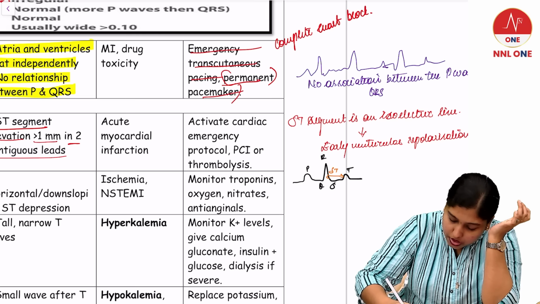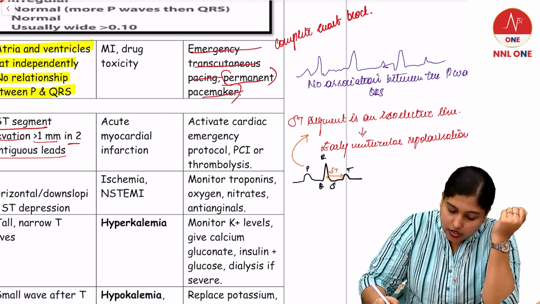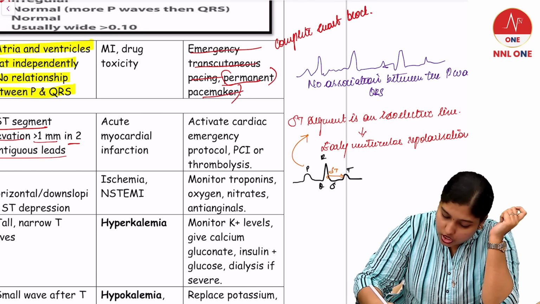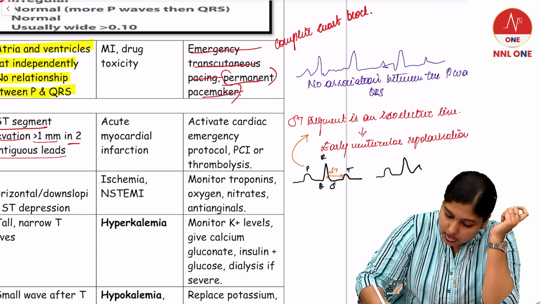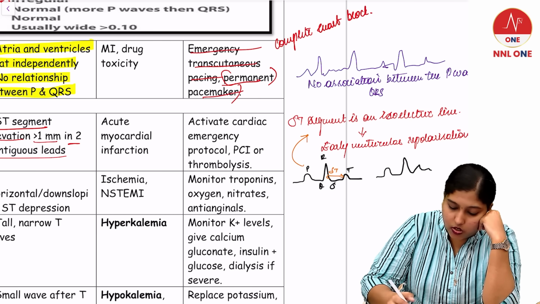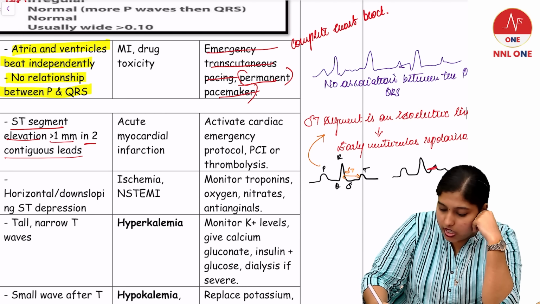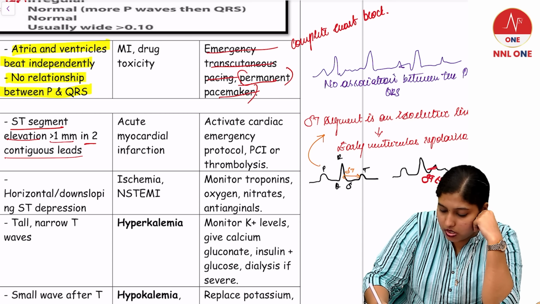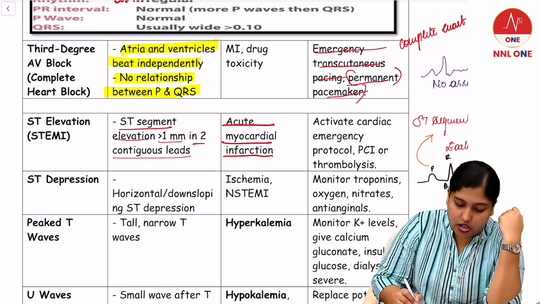The ST segment is always an isoelectric line. So in an abnormal ECG, when there is an elevation of this ST segment, this is indicating your myocardial infarction.